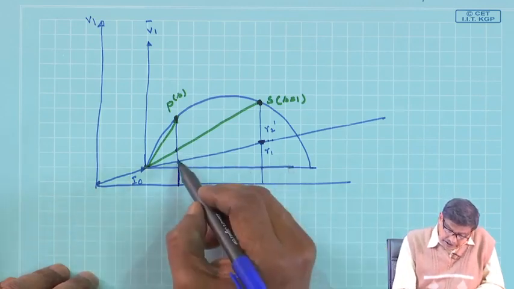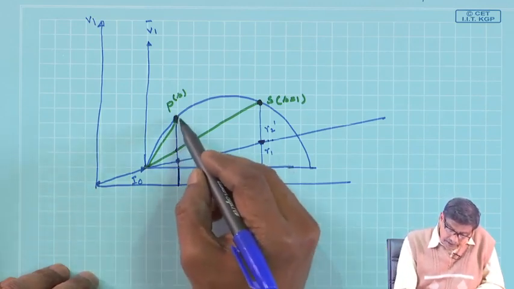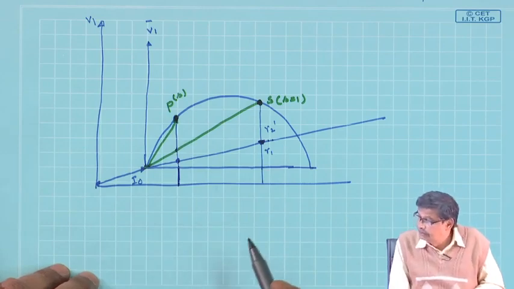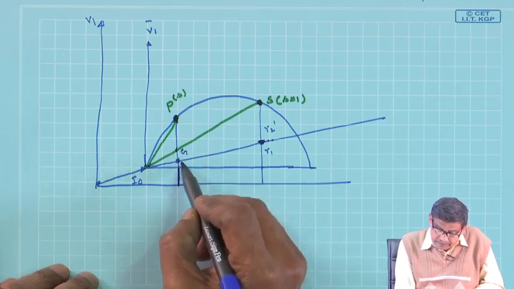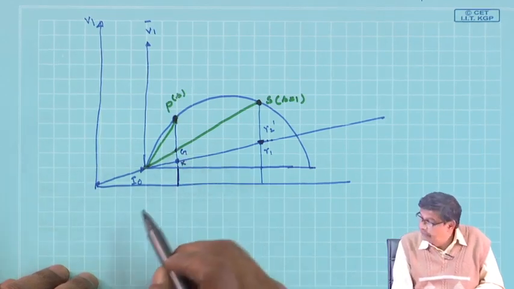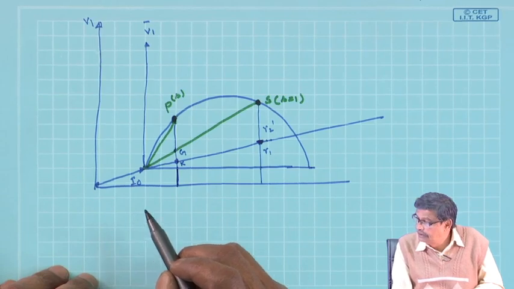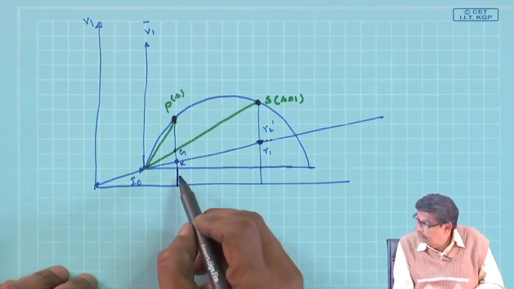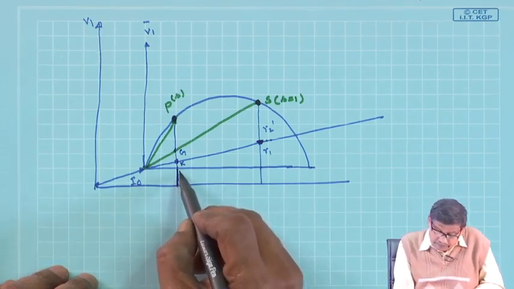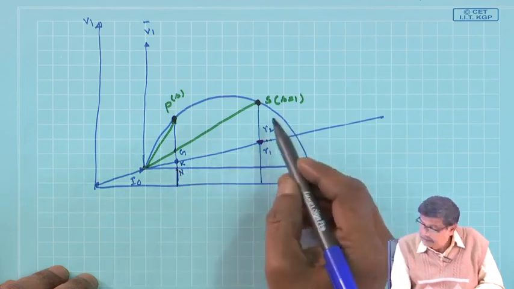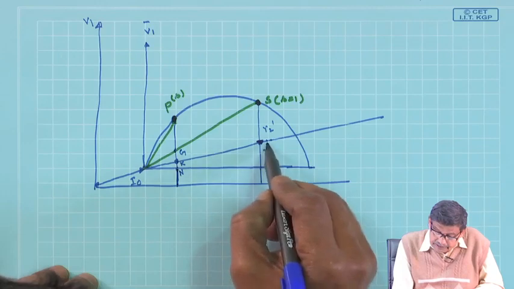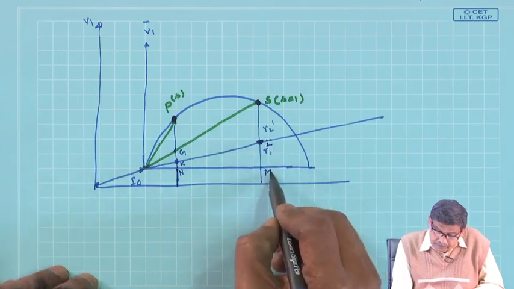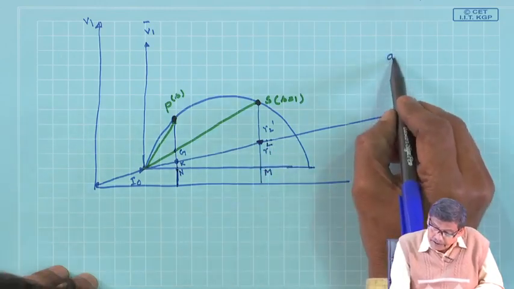So, if I name them as I named previously P, G, K, and this point is N, and here I named it S, L, M.